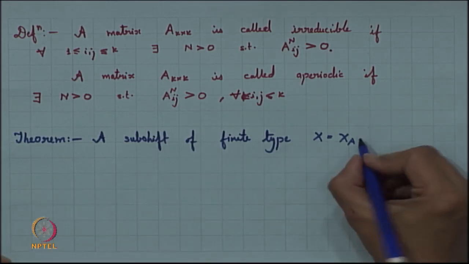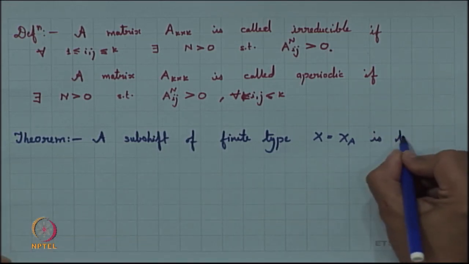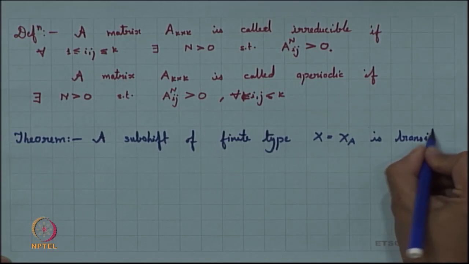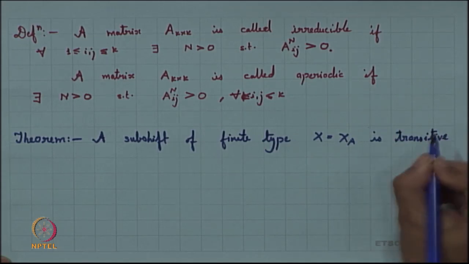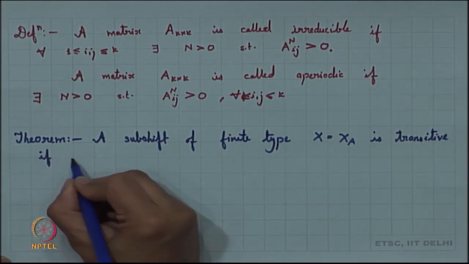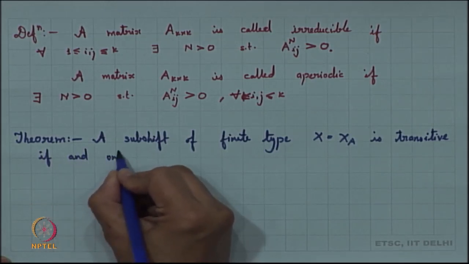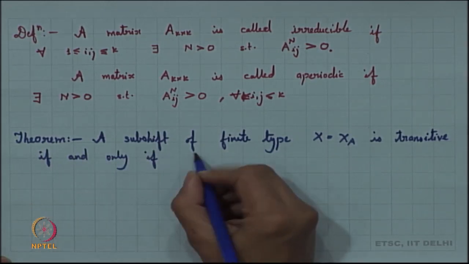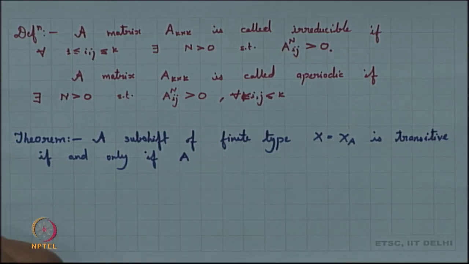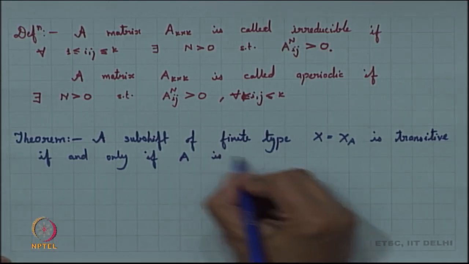So, a subshift of finite type is transitive if and only if this matrix A is irreducible.